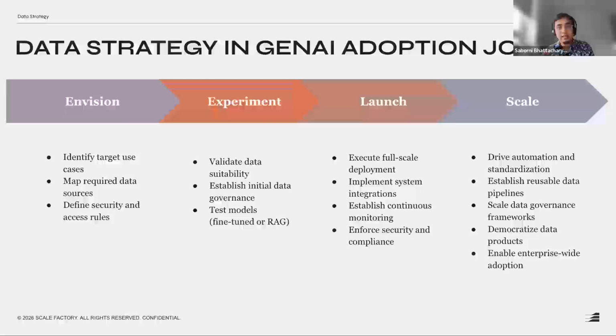Are you using any PII or sensitive data, any business or infrastructure constraints? Is there any requirement for safety and compliance? Based on that, you can think of the business use case.